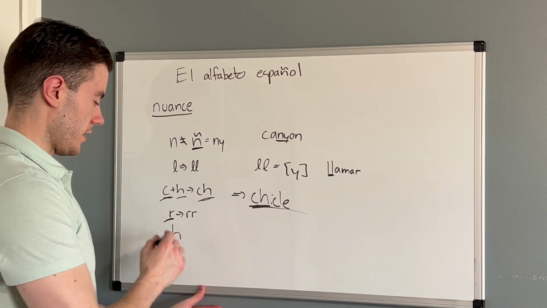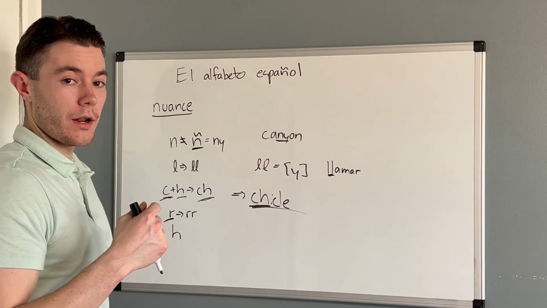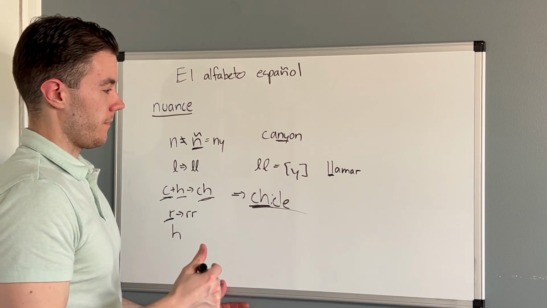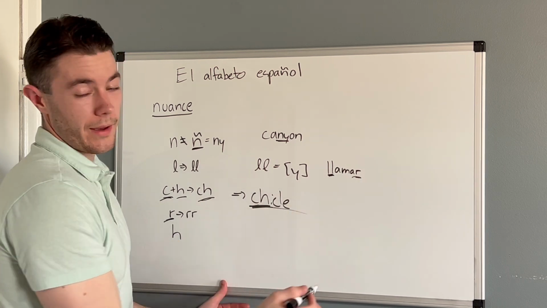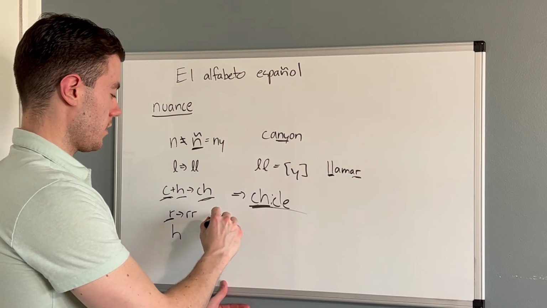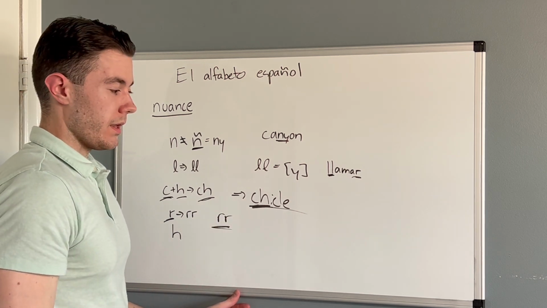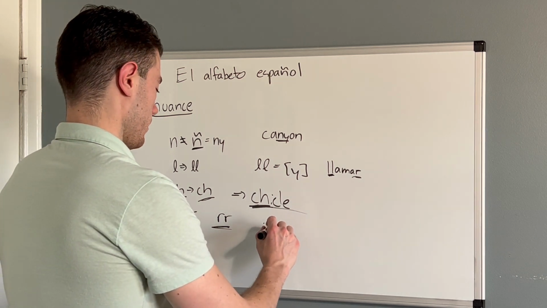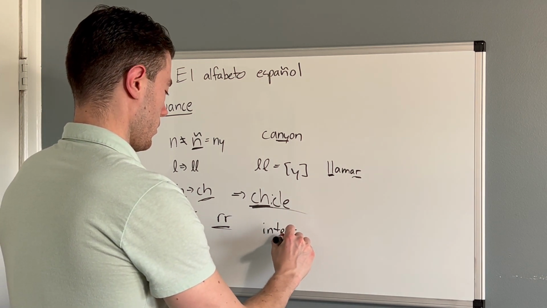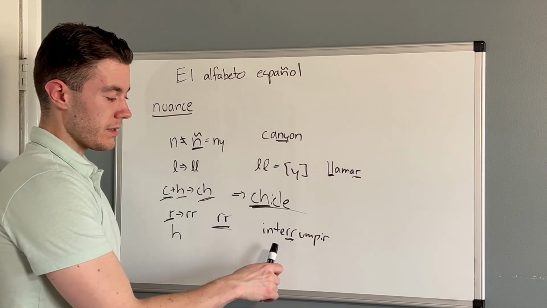One R is pronounced with a tap of the tongue, like llamar, a quick tap. Two R's makes it stronger and rolled, interrumpir, to interrupt.